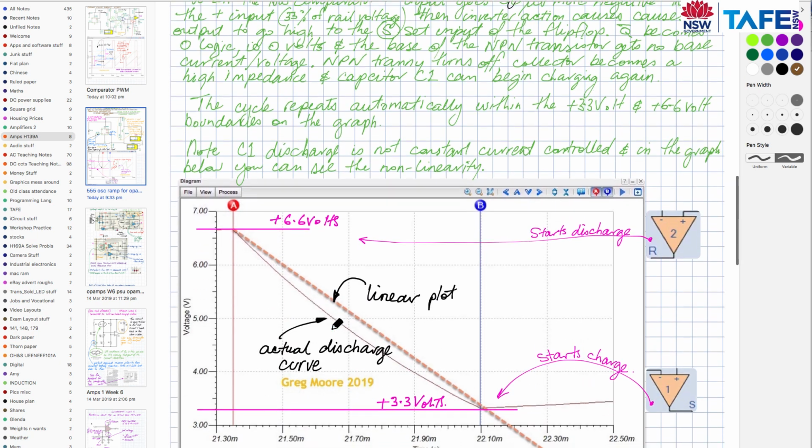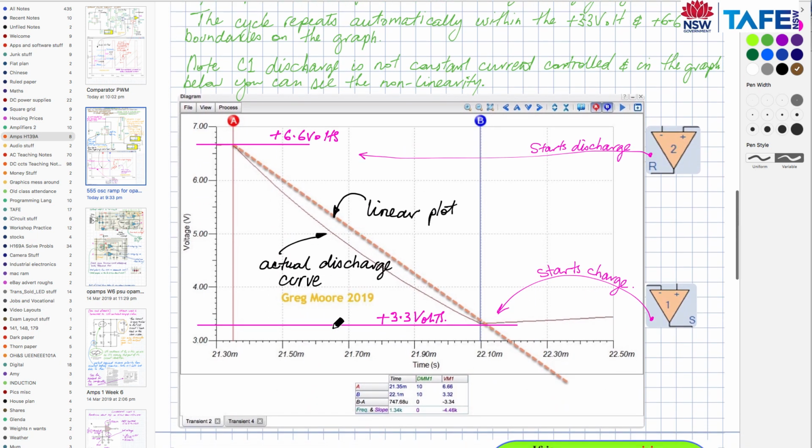I've exaggerated that now in another graph. I've blown this right up on Tina, and I've changed the horizontal dispersion on the screen to make now 6.6 volts here, 3.3 volts here. Really convenient to use the 10 volt rail on a 555, because then 66% equates to 6.6, 33% equates to 3.3.